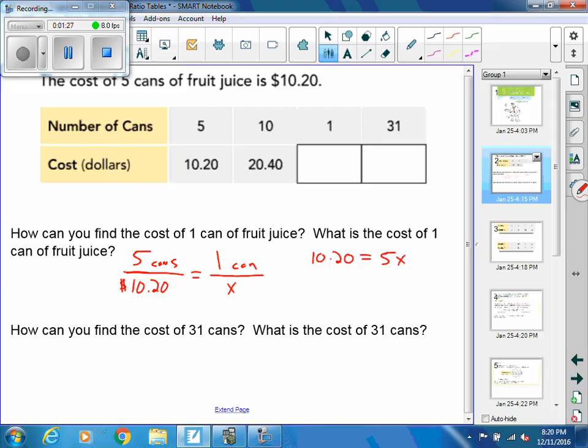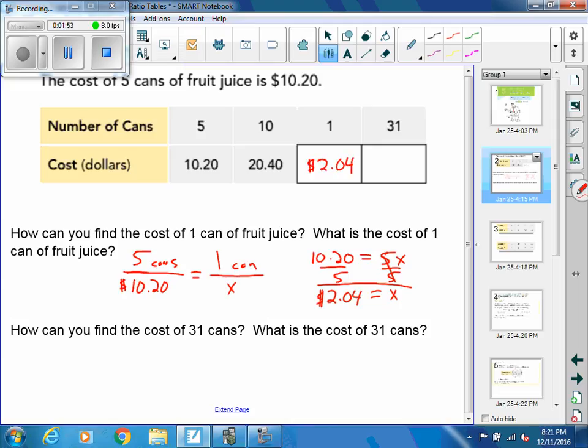The opposite of multiplying by 5 is dividing by 5. My 5's cancel. I am left with $10.20 divided by 5, which comes out to $2.04. So that 1 can is going to cost us $2.04.